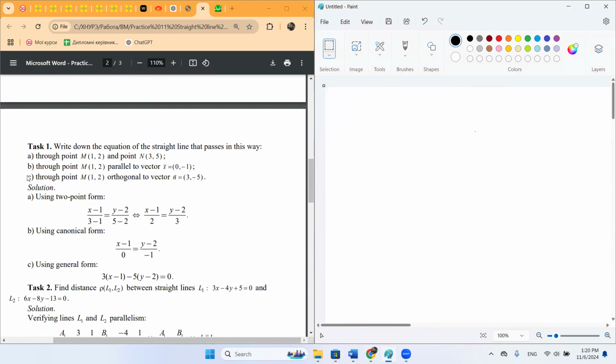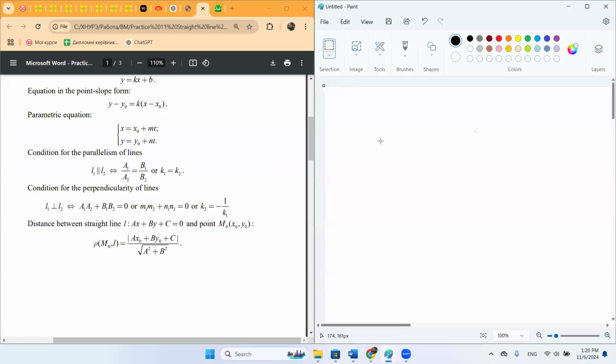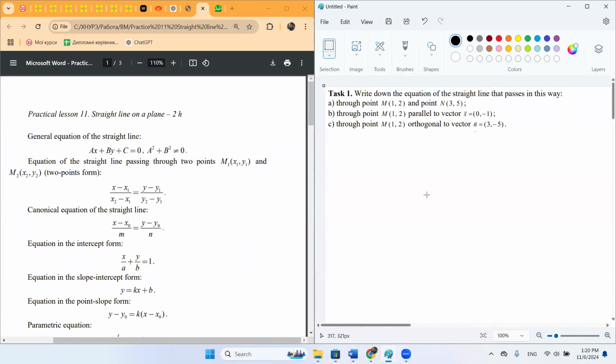I will paste once more. Task 1. We have to write down different equations of a straight line. Firstly, the equation of the straight line that passes through points M and N. Which form do we have to use?